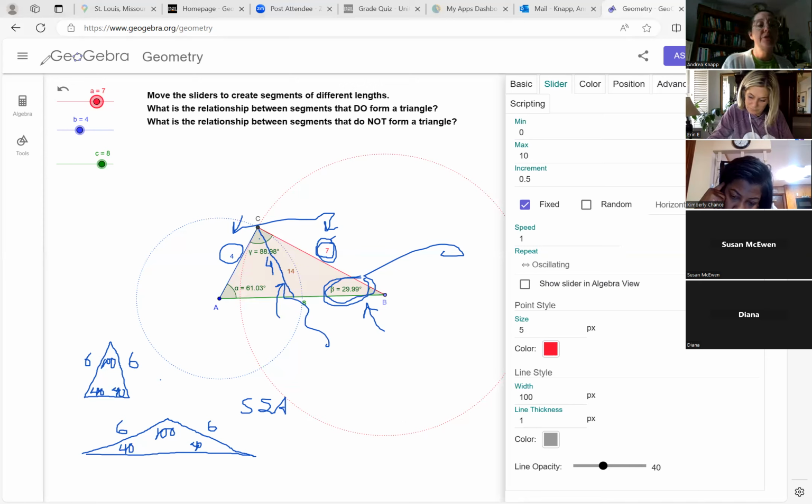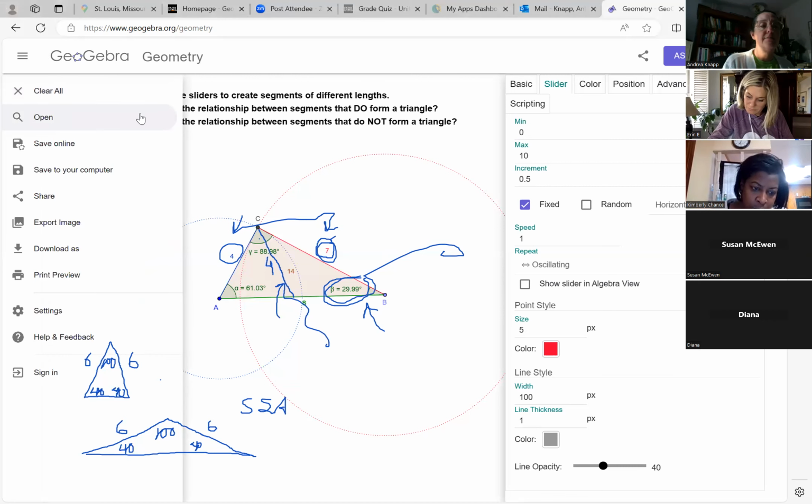Well, let me see, can I use the exploration where we want BC to be greater than AC? Oh yeah, we can use this one.